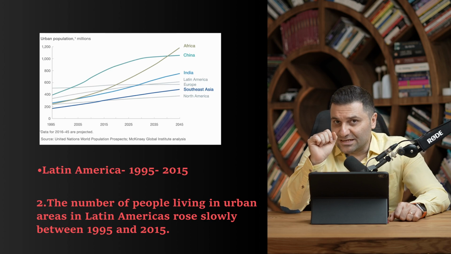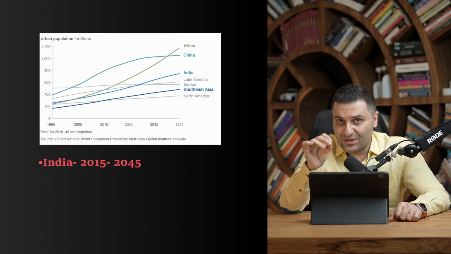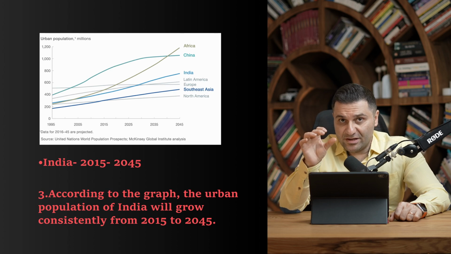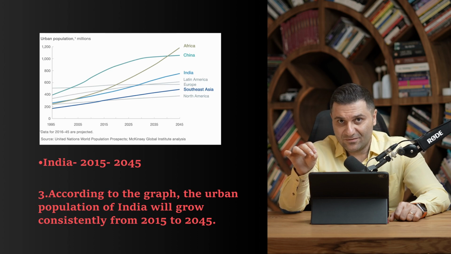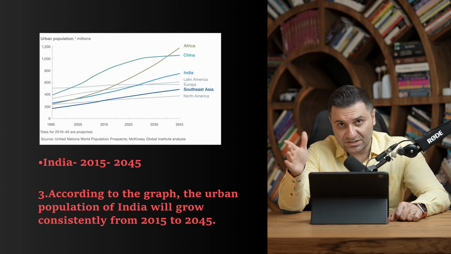Now, the last sentence I want you to make is about India between 2015 and 2045. There is going to be growth, but it is consistent, so the structure will be grow consistently.